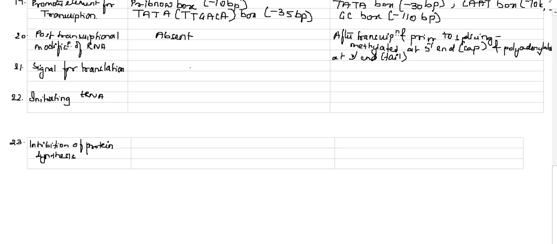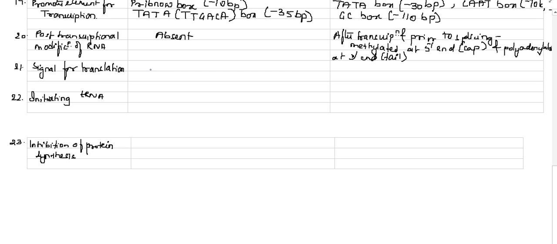Next is signal for translation. Signal for translation here is binding of mRNA with the small subunit of the ribosome. So where this ribosome will bind on mRNA, this sequence has to be searched.